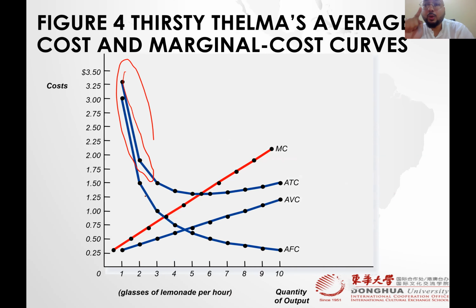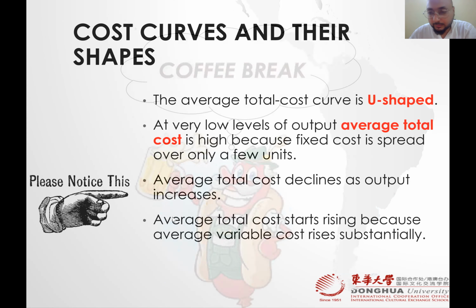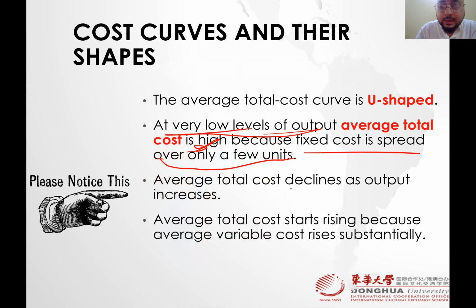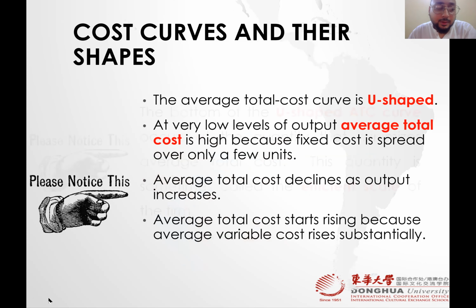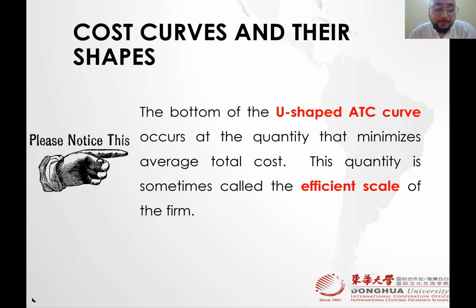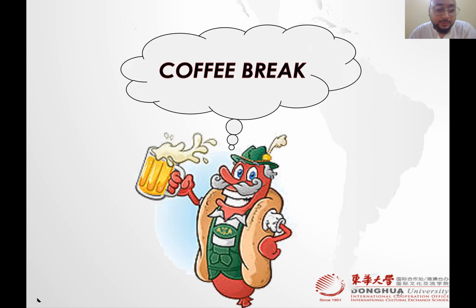So at low levels of output, our average total cost is high, right? Average total cost declines as output increases.